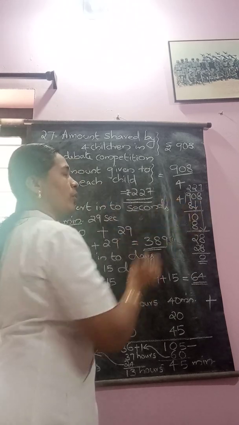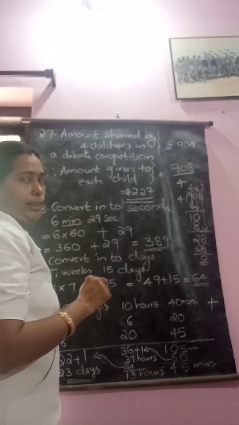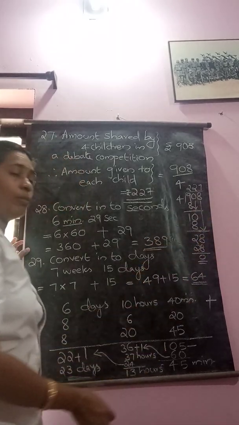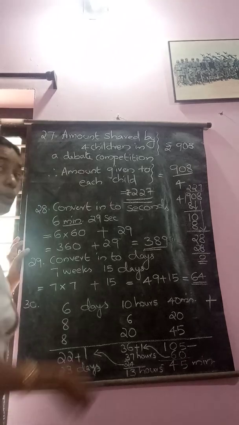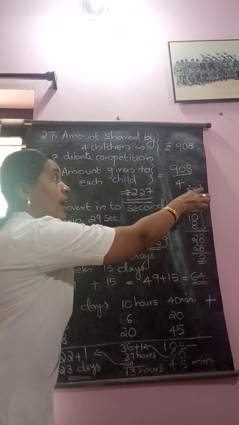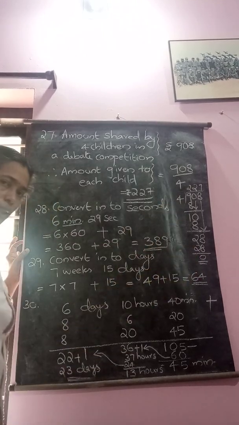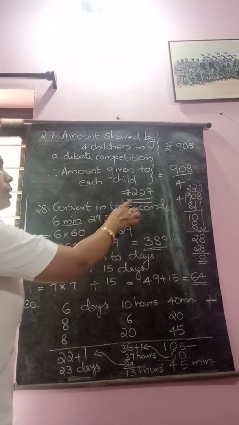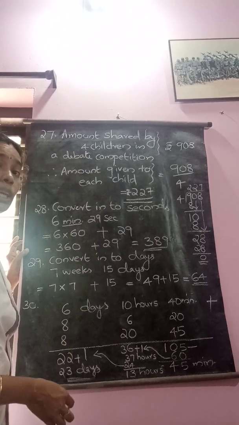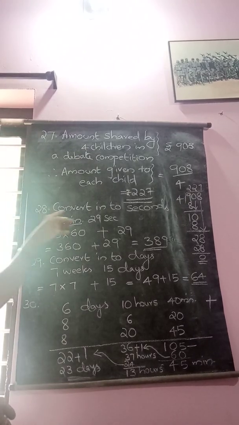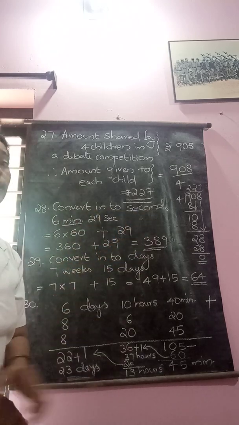In 10 how many 4s are there? 2 4s again. So we have 8. Subtract, 2. Bring down 8. How much is coming? 28. In 28 how many 4s are there? 7 4s are there. 7 into 4, 28. Okay. So how much rupees given to each one? Rupees 227.